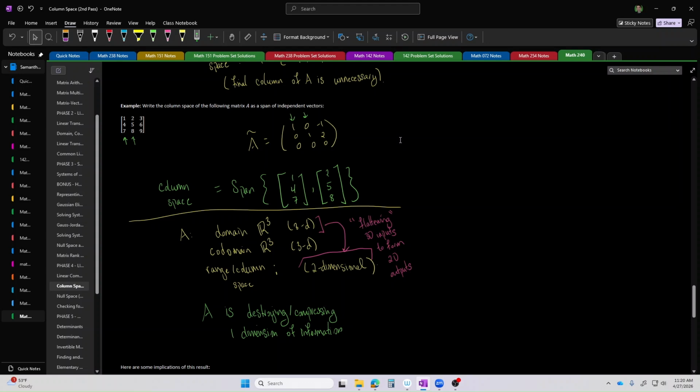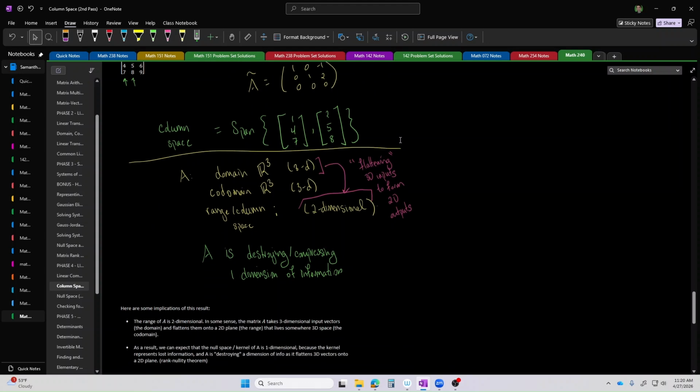We observed that because our matrix was 3 by 3, it was taking three-dimensional vectors in the domain. But because the range was spanned by only two vectors, the range was a fundamentally two-dimensional object, similar to a plane in 3D space.